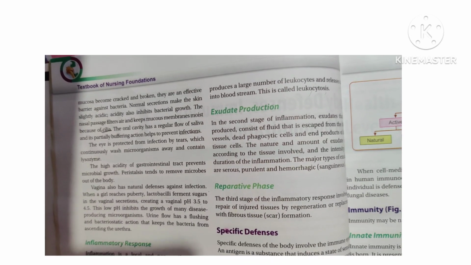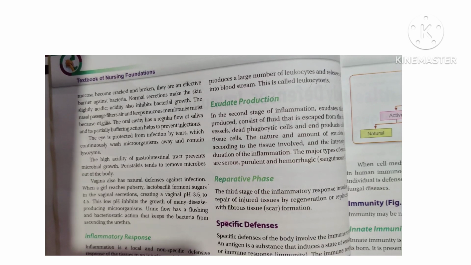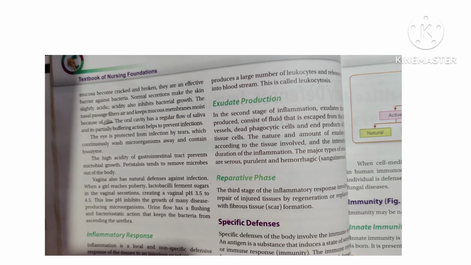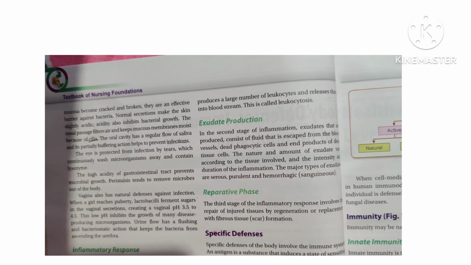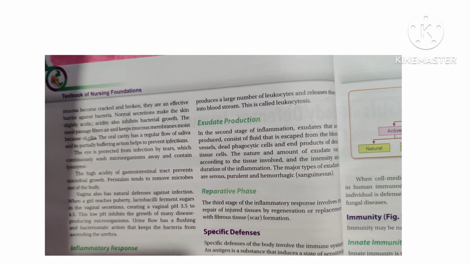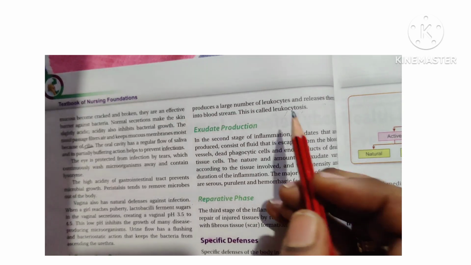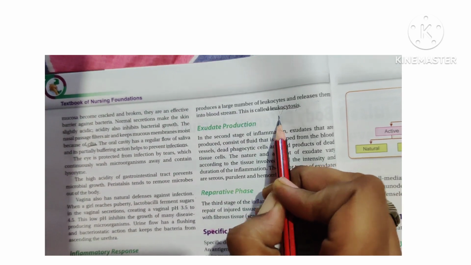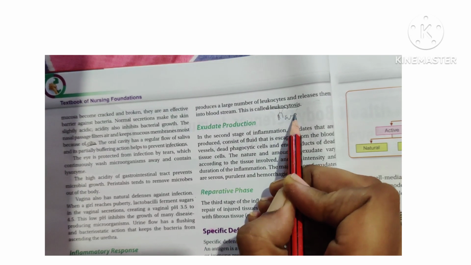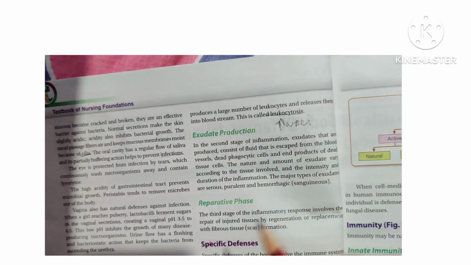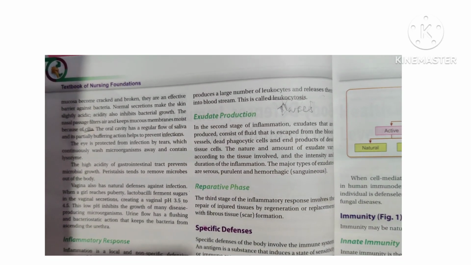The leukocytes, which are nothing but the WBCs, are released into the bloodstream and will come to the area of injury or infection or inflammation. So this increased number of leukocytes in the bloodstream is called leukocytosis. What is leukocytosis? It means increased WBCs. Leukocytosis means increased WBCs.